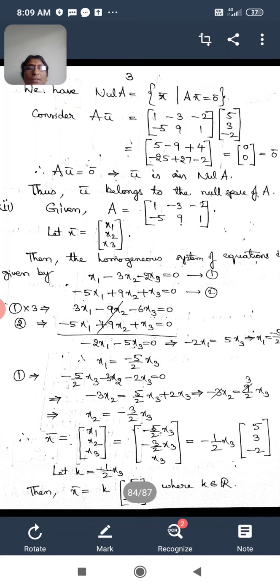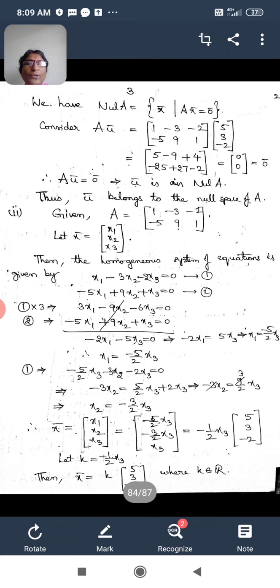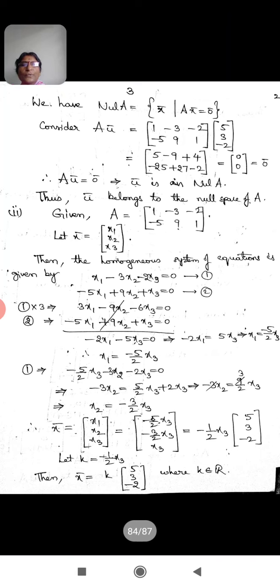When we view x3 as a real number, minus half x3 is going to be another real number or scalar, which will definitely be some scalar among the real numbers. So let us suppose that minus half x3 as a single variable term is k.